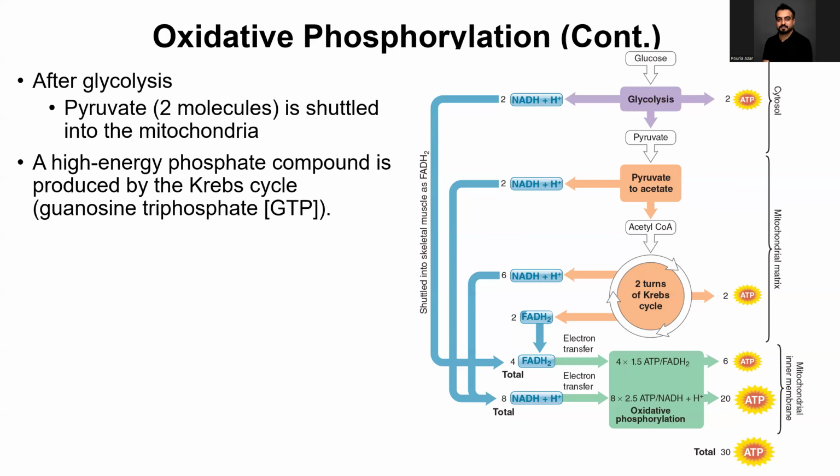One is creatine phosphate, two is ATP, and this is the third one that we have learned so far. GTP is another high energy phosphate compound. So this GTP is produced from Krebs cycle. And in total, from one molecule of glucose, we get 30 ATP from just one molecule of glucose.